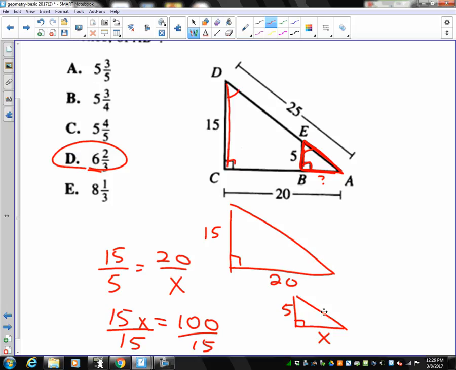Okay? Or if they wouldn't have given me the 5, and they gave me this one, then I could have used another proportion. Okay? All right, but you didn't need it.